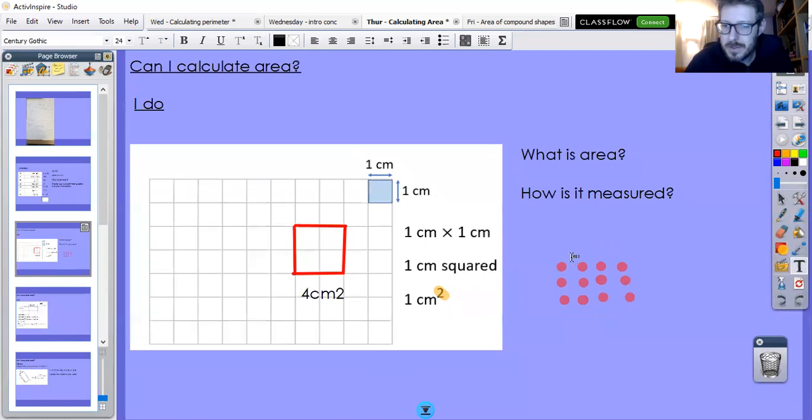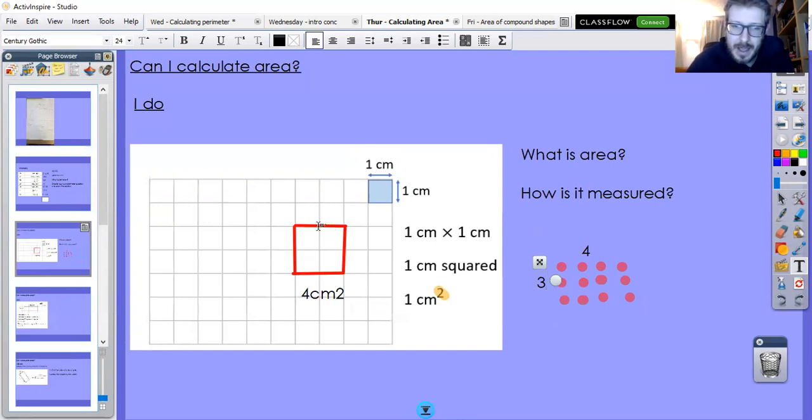You would count up the number along the top, which is 4, and the number down the side, which is 3. Then you multiply those two together, because there are 3 lots of 4 or 4 lots of 3, and there are 12 dots in total.